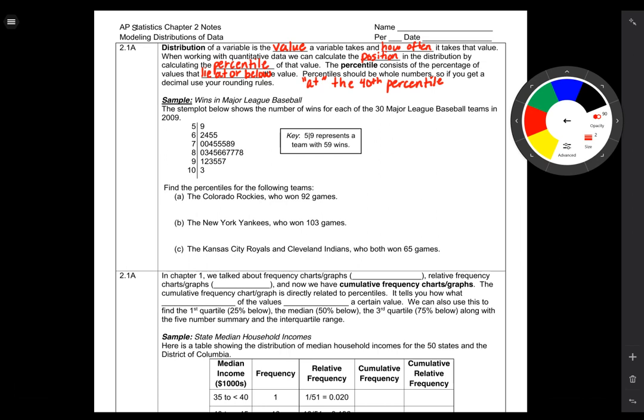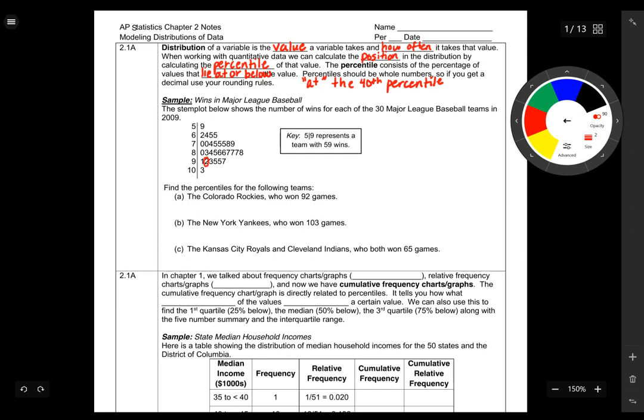Here's an example problem. The stem plot below shows the number of wins for each of the 30 Major League Baseball teams in 2009. Find the percentiles for the following teams. A, the Colorado Rockies, who won 92 games. If I find the Colorado Rockies, here's 92 games.